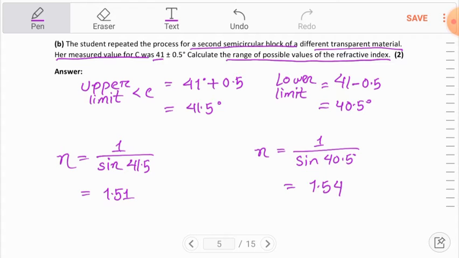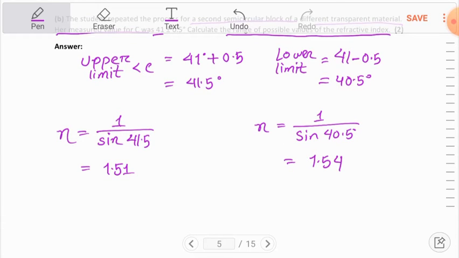So the range for refractive index for this second material is 1.51 to 1.54. So we can write it down as 1.51 less than n less than 1.54. And with this our part B ends. I hope part B was clear.